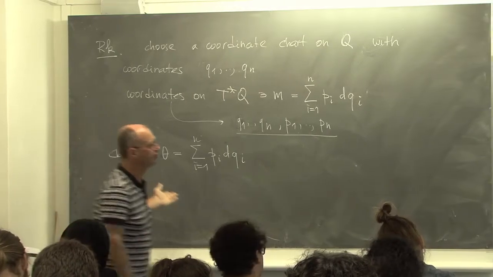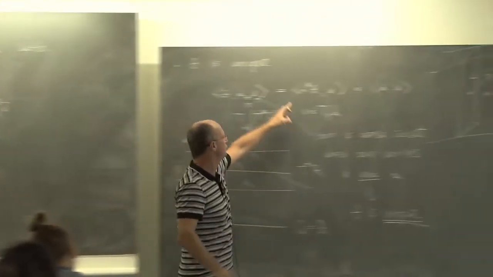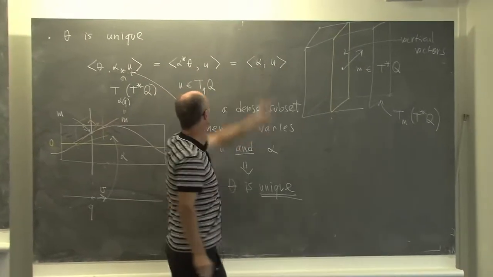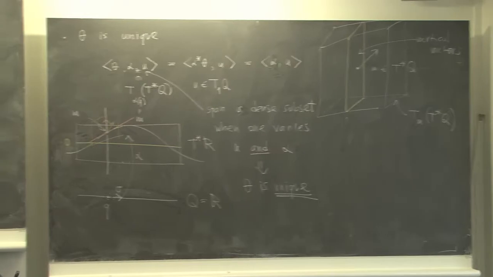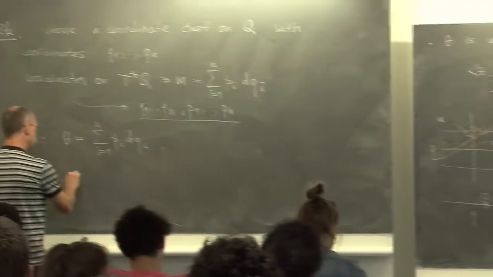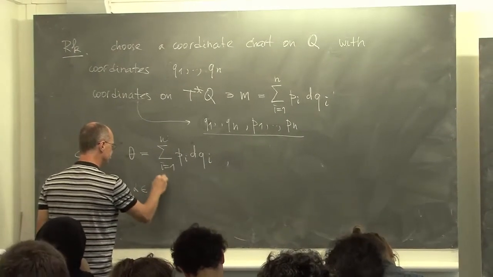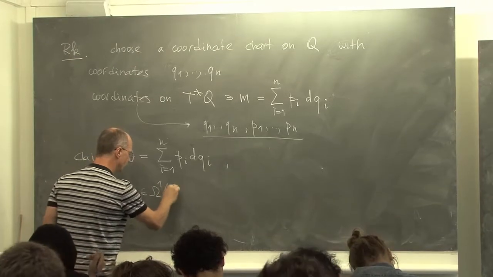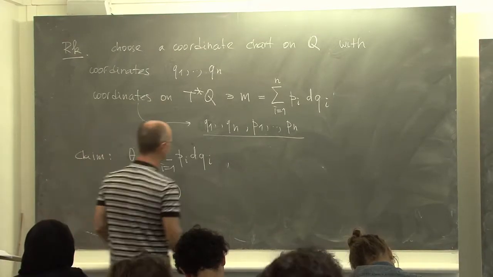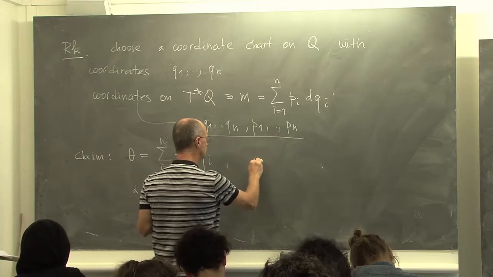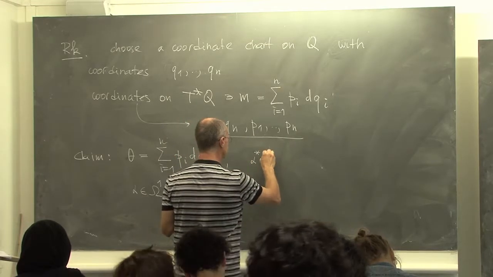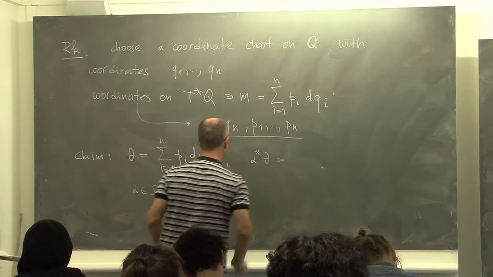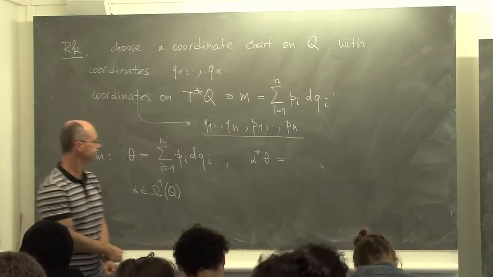Well, we need to verify this property, alpha star theta is equal to alpha. Well, let's take alpha a one-form on Q, and let's compute alpha star theta.